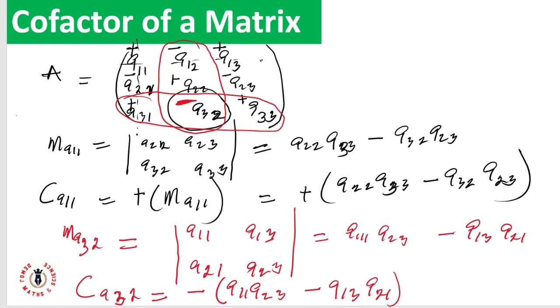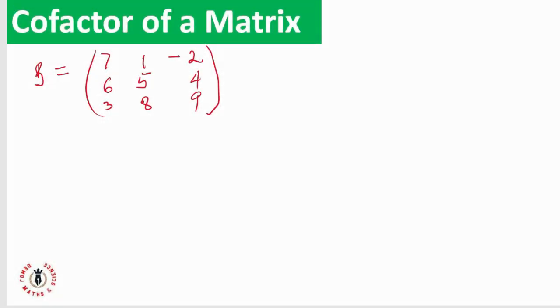Let's solve an example to further understand how to use the cofactor of a matrix. Now let's find the cofactor of the elements. We're going to look for the cofactor of 7, 8, and 9. Let's attach a sign first.